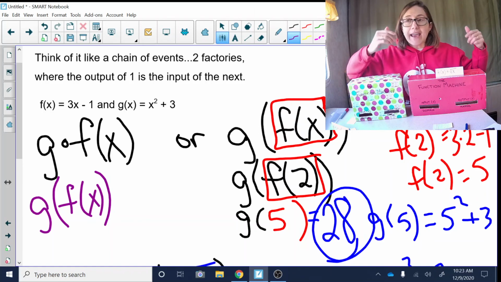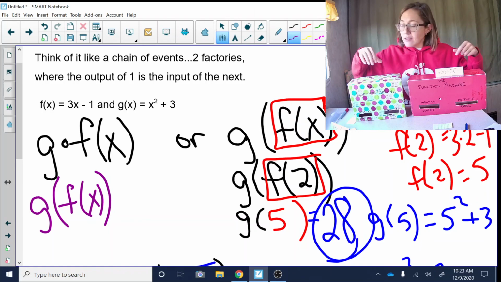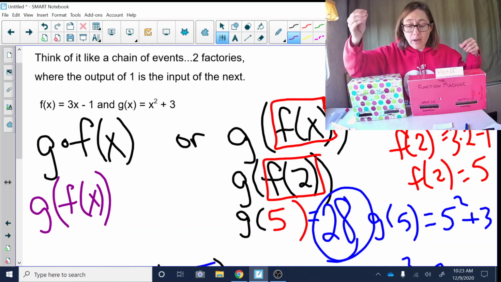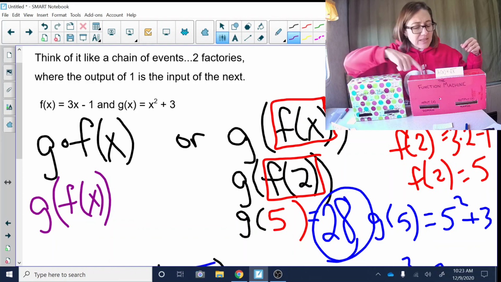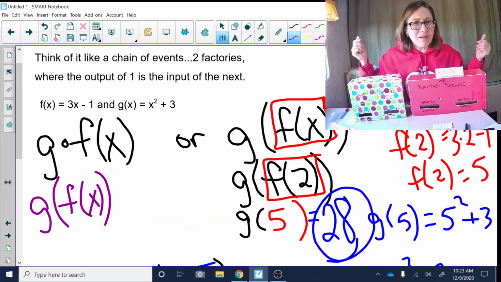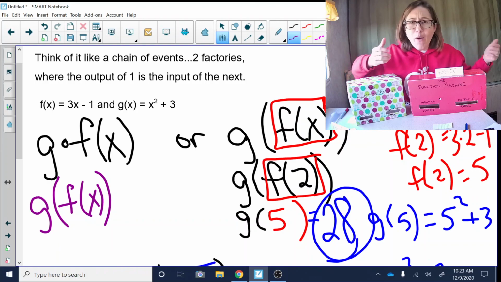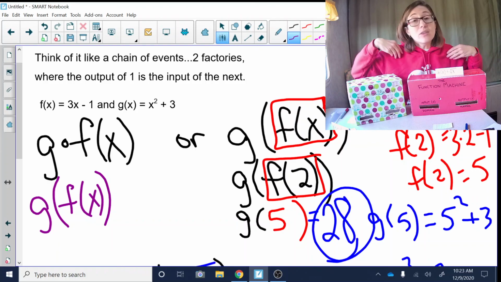This other one is a car factory. This factory produces pure gold and tries to sell it to the car factory, and the car factory says, no, I'm a car factory, I don't want gold. He says, but I made it. And he says, no, that's not an input that I need.